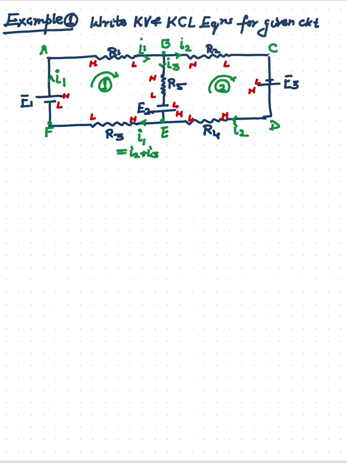Now apply KVL. In KVL, we will write the EMF and IR drop terms. Let me apply it first for loop 1.